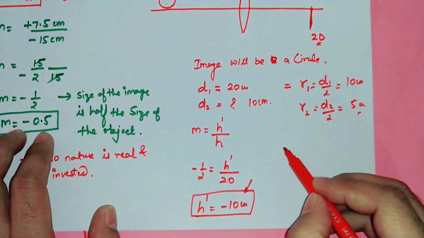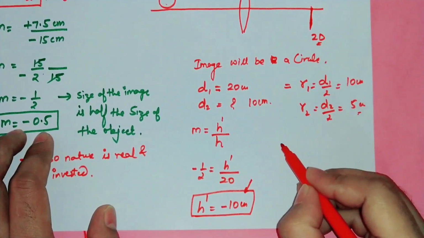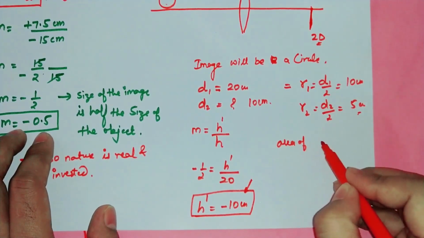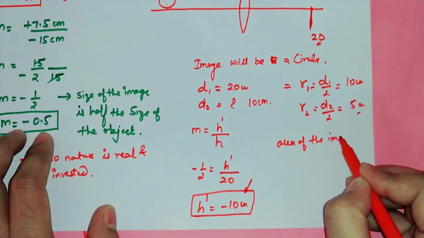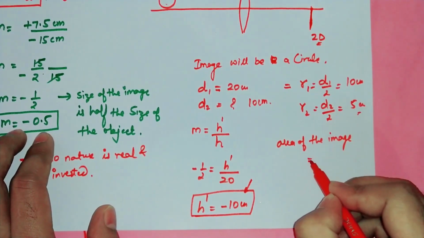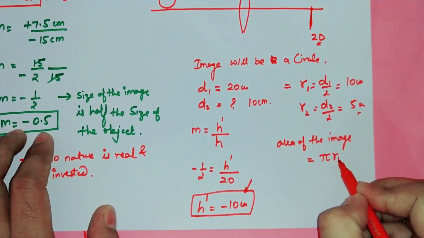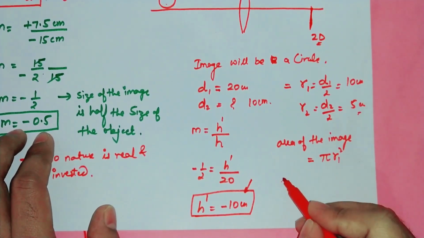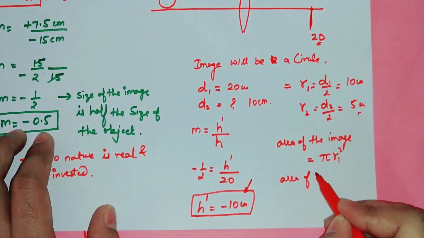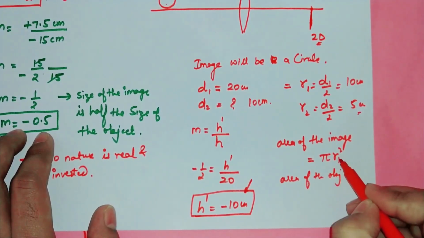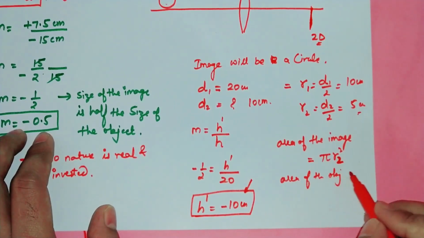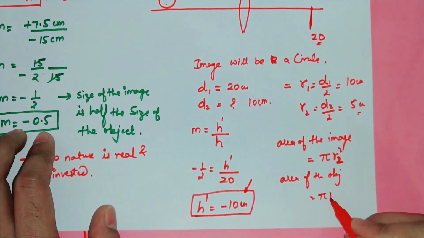So area of the image is pi r2 square, and area of the object is equal to pi r1 square.